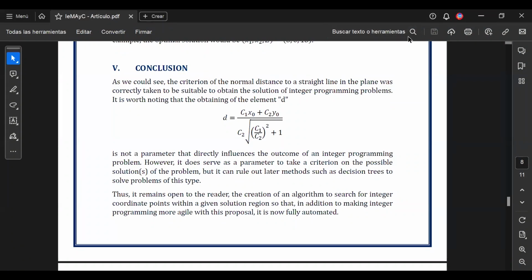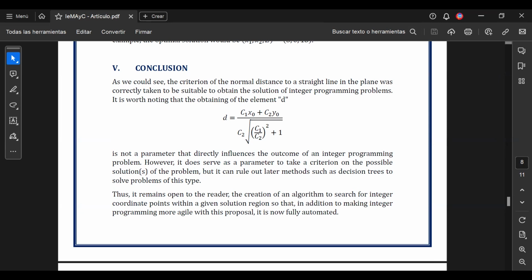As we could see, the criterion of the normal distance to a straight line in the plane was correctly taken to be suitable to obtain the solution of integer programming problems. It is worth noting that obtaining the element d is not a parameter that directly influences the outcome of the integer programming problem.